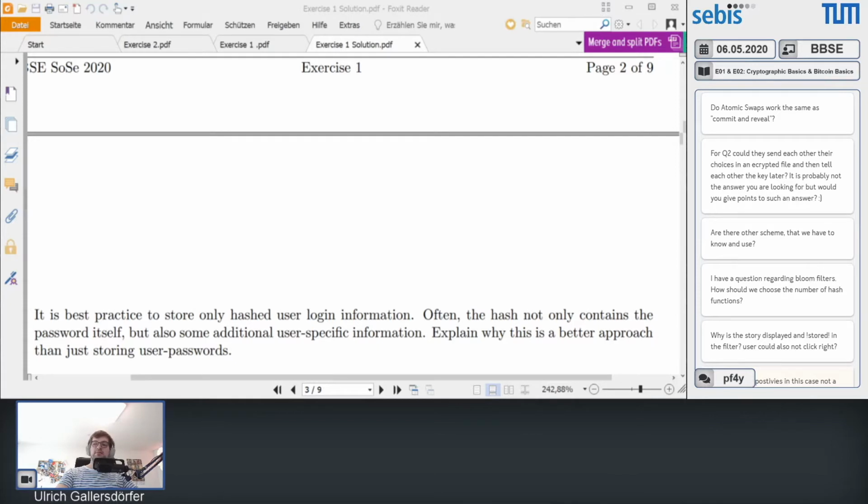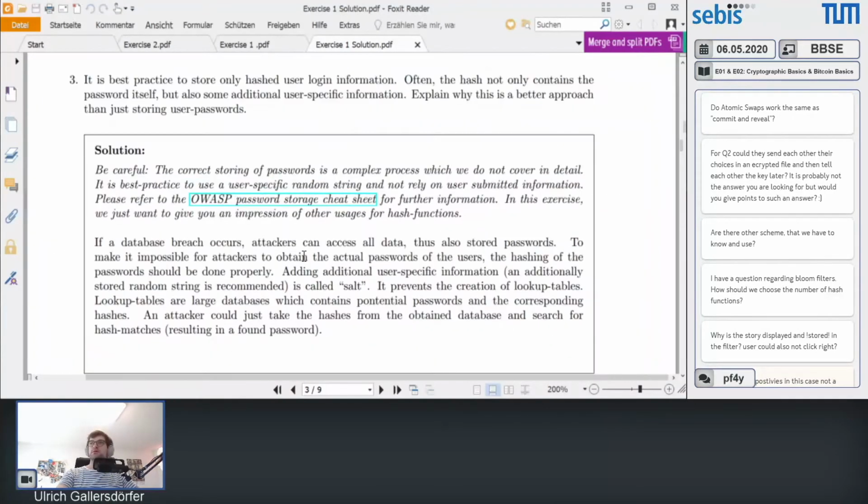Because if you just hash, then people take lookup tables, so they basically have the top 1 million used passwords already hashed and check them against your database. That's what is also here.